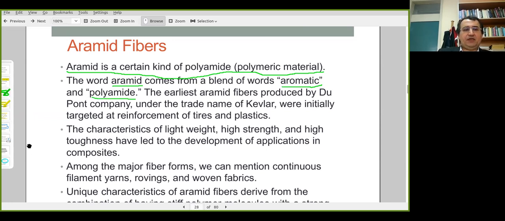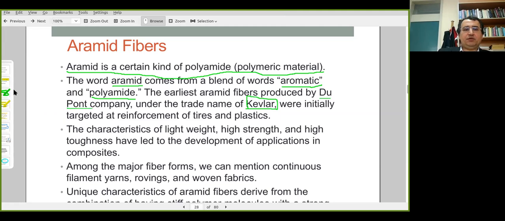There's a commonly known trade name for aramid fibers. That's called Kevlar. The trade name of these aramid fibers is Kevlar, and this is produced by DuPont company, actually.